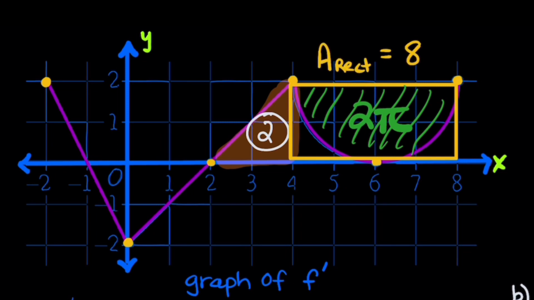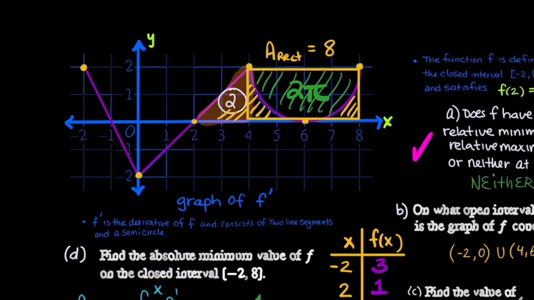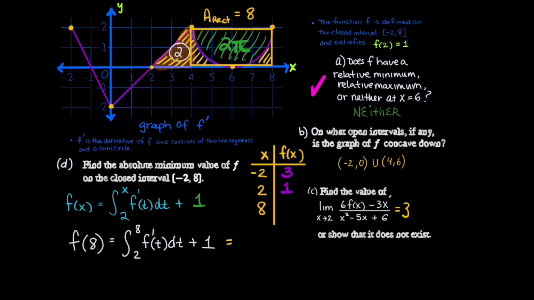And the area of that rectangle works out to be 4 by 2, which is 8. And together with that triangle off to the left, and we're going to subtract away that semicircular area, what we're left with altogether is 10 minus 2 pi.